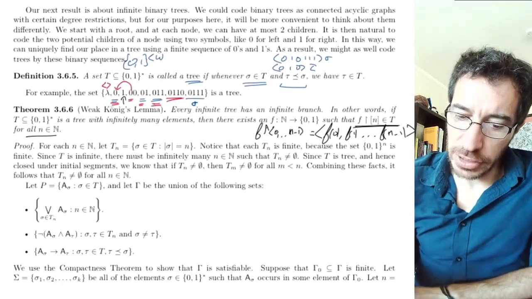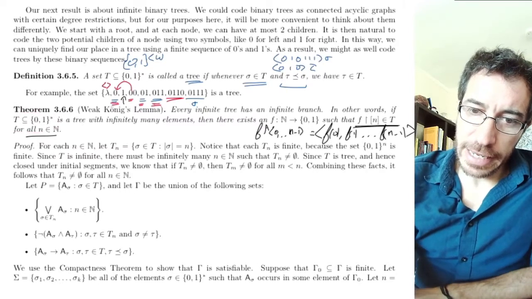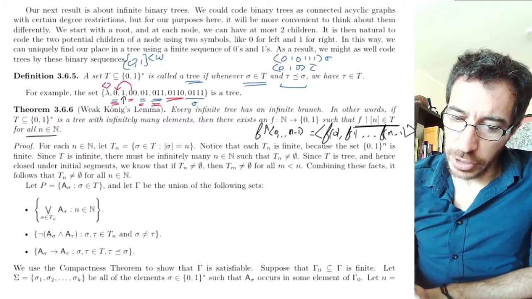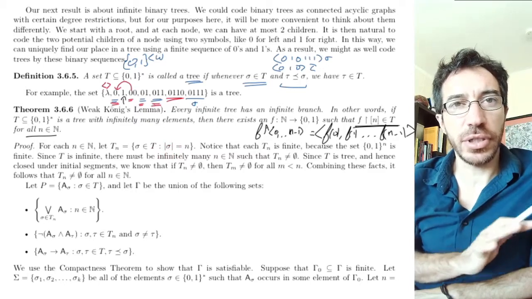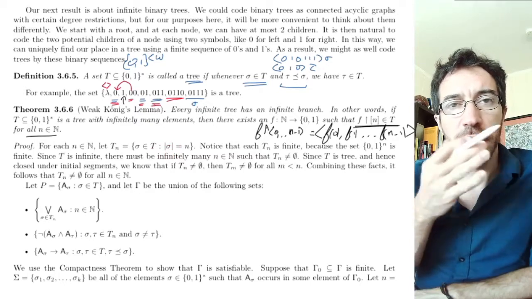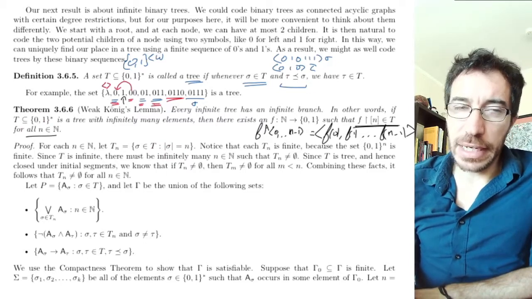Okay, so we have a tree T. And what do we say? For each n, let Tn be the set of all sigmas in T such that the length of sigma is n. Again, there's a section in this book about everything about strings where you will find all this notation. This means the length of the string.